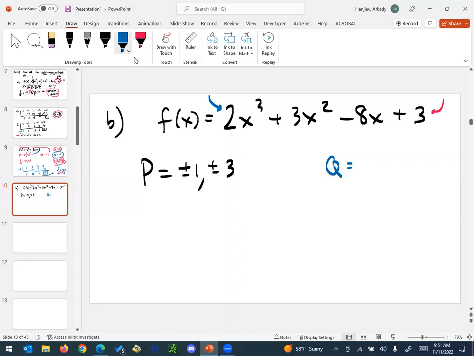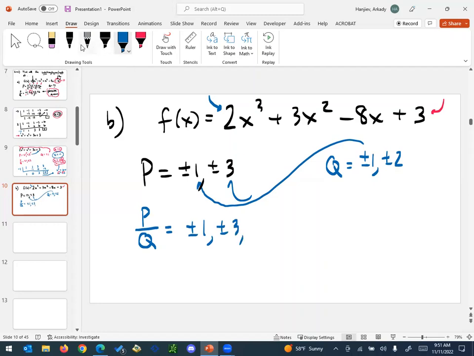So anybody with Q? Plus or minus 1, plus or minus 2. So now I've got to figure out all the different possibilities I can have of P divided by Q. If I just use 1, 1 goes underneath here and underneath here, don't I have the same thing?